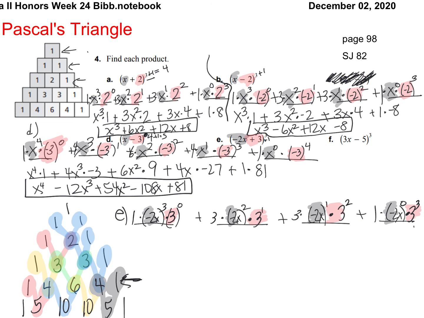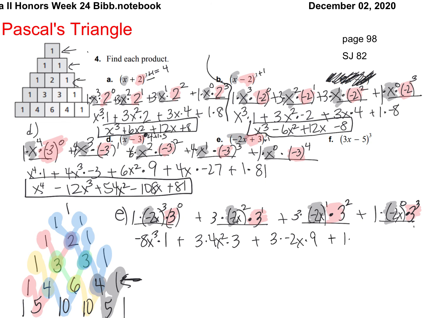And then 1 times negative 8x cubed is negative 8x cubed times 1. Next, I'm going to have 3 times 4x squared times 3. Then I'm going to have 3 times negative 2x times 9.